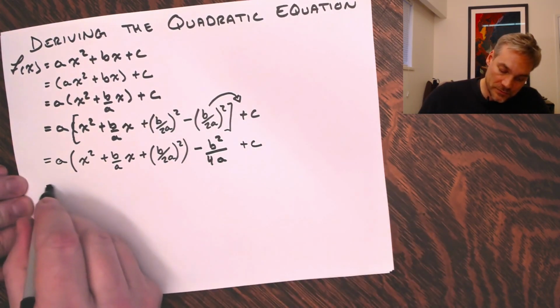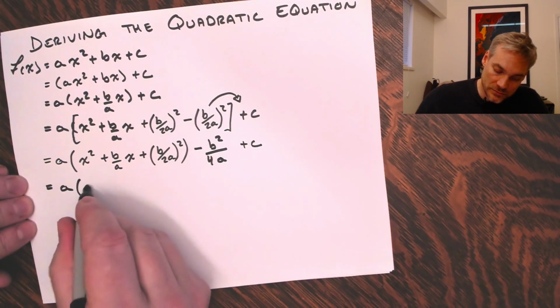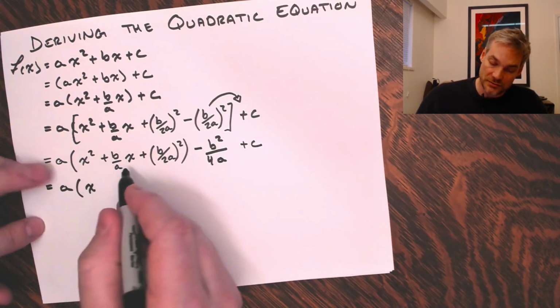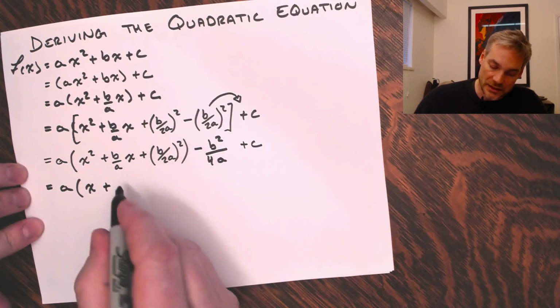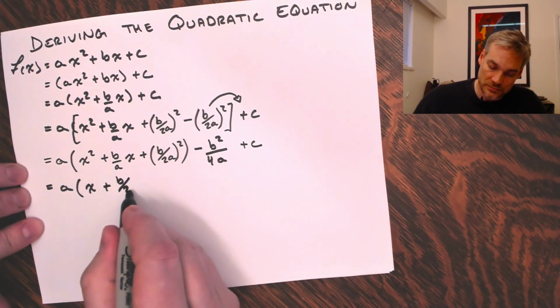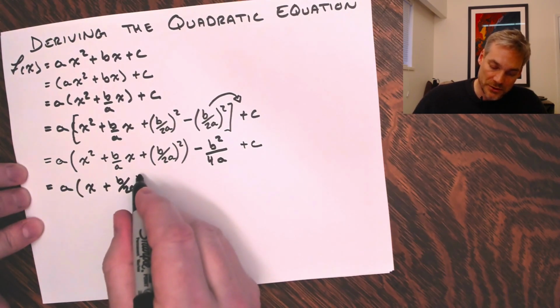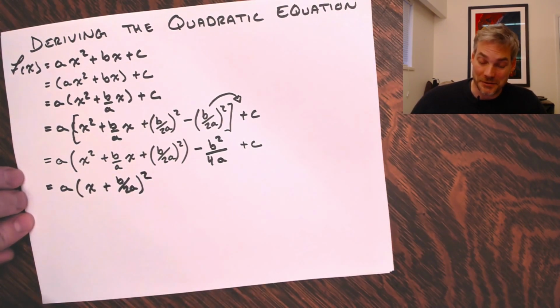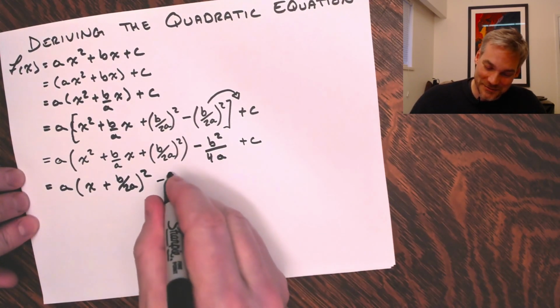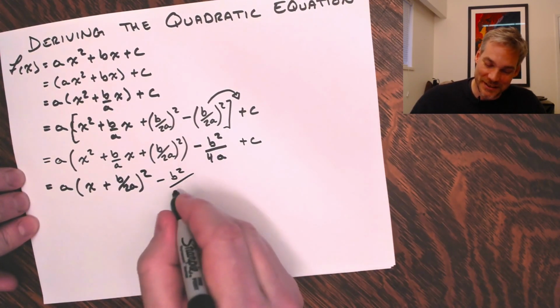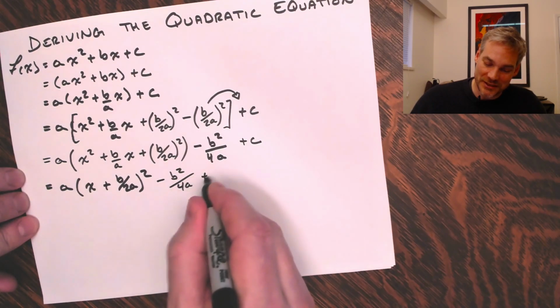Now I can actually factor this quickly, so I have the x, I take that symbol, and I take that number. It is a number, though it is just a set of letters, but it just represents numbers. And now I have this, minus b squared over 4a plus c.